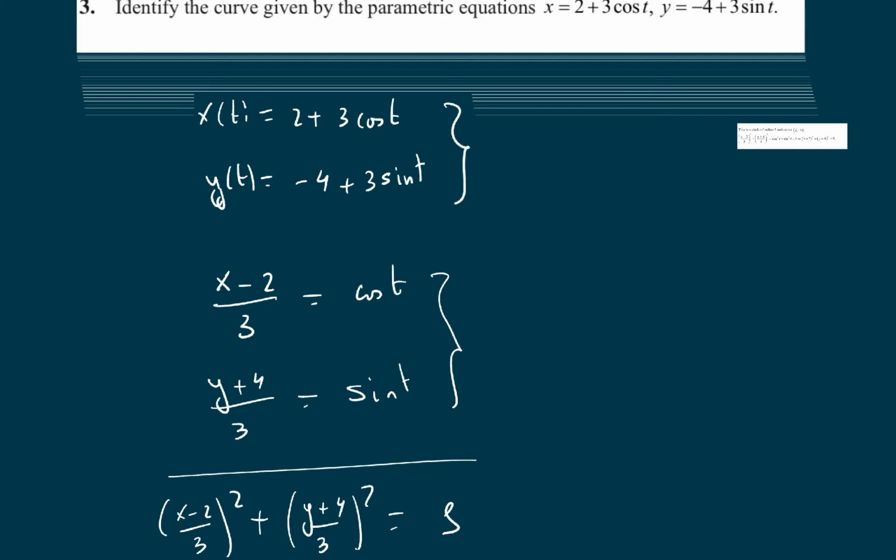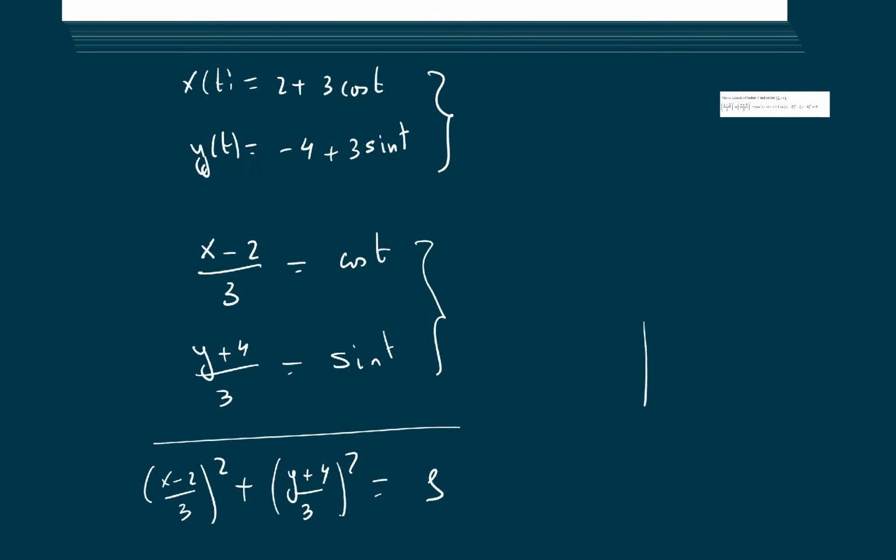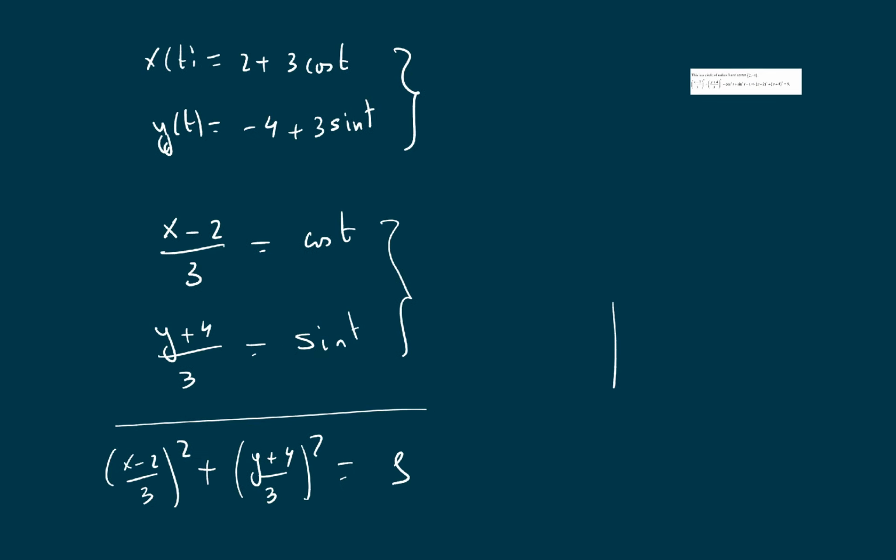The object is moving in a circumference, so let's see what the radius is. (x minus 2) squared divided by 9 plus (y plus 4) squared divided by 9 equals 1.